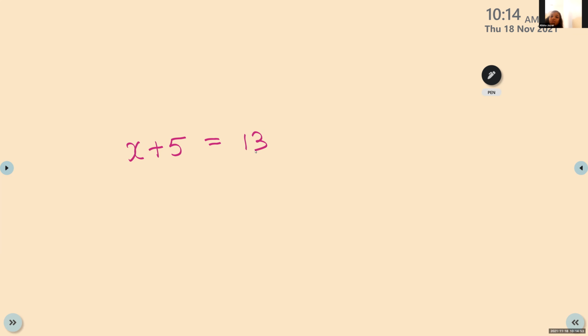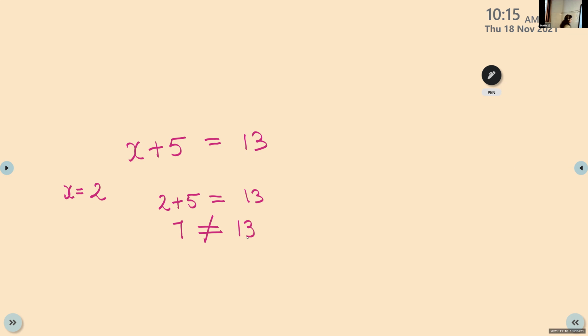Let us suppose some number, 2. Instead of x, we put 2. 2 plus 5, is it equal to 13, children? No, 2 plus 5 is 7, so that is not equal to 13. That is wrong.